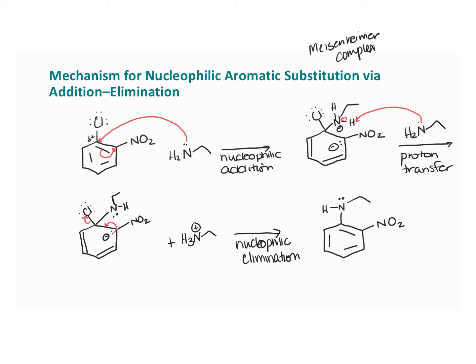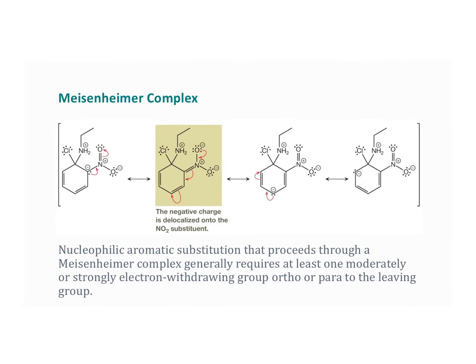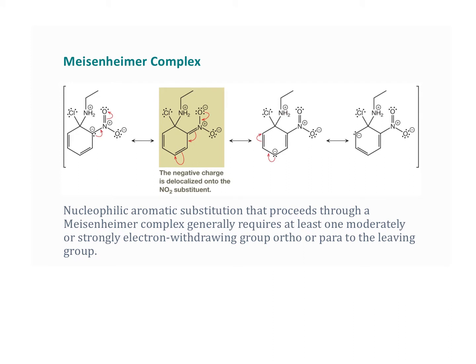So let's talk a little bit more about that Meisenheimer complex that I threw out there for just a second, and I mentioned there are some other resonance structures. So here's the Meisenheimer complex, and so this step 1 is really assisted by the resonance delocalization of the negative charge of the intermediate. When we look at this, it's important to remember that not every nucleophilic aromatic substitution is feasible.